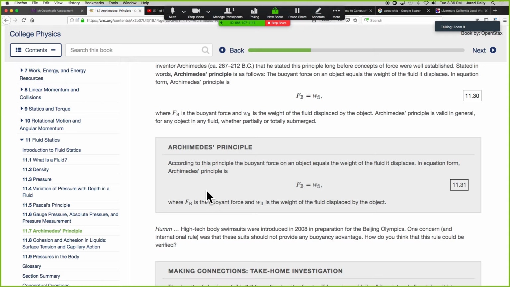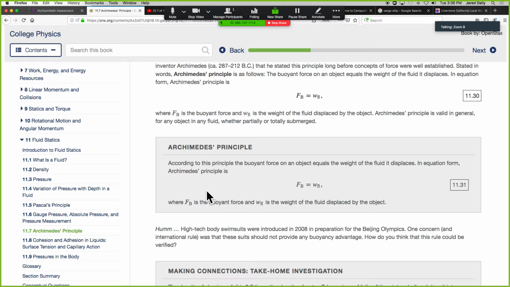Volume V, right? Because the thing that's displacing it is the object. So if an object has a mass of M and a volume of V, the buoyant force is directly proportional to the weight of the fluid displaced, and it's actually equal to the weight of the fluid displaced.